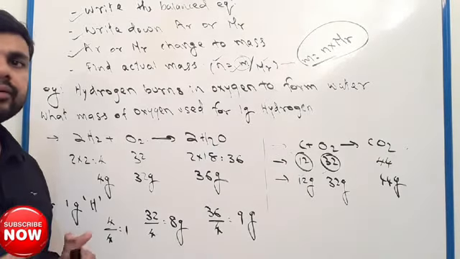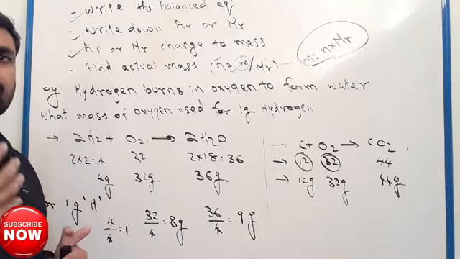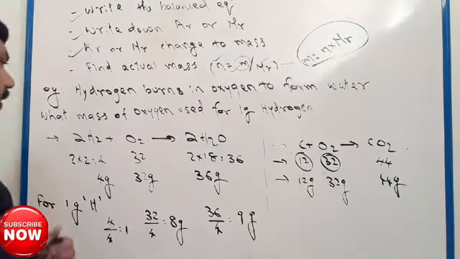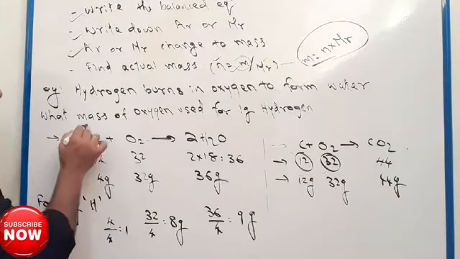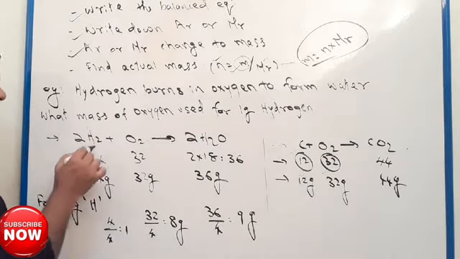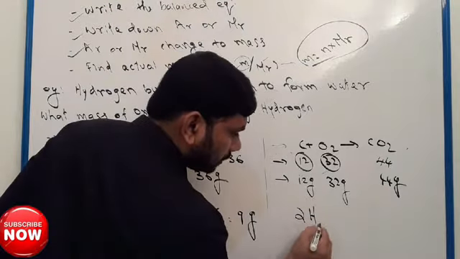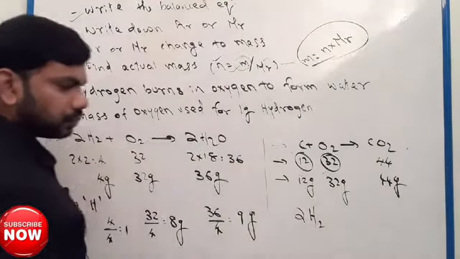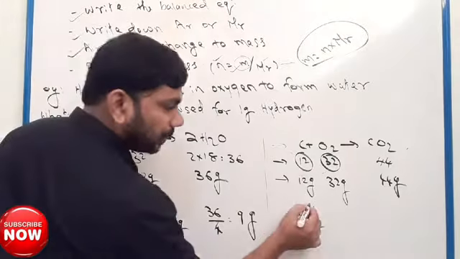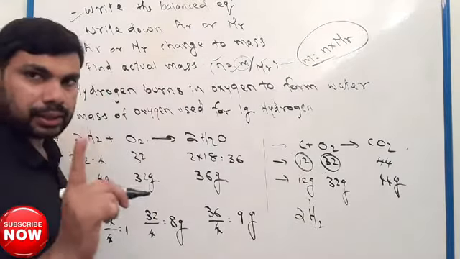Then we have to write the relative atomic mass or relative molecular mass. The relative atomic mass of hydrogen is 1. Look here, we have to write the mass of 2H2. We know the mass of 1 hydrogen is 1.